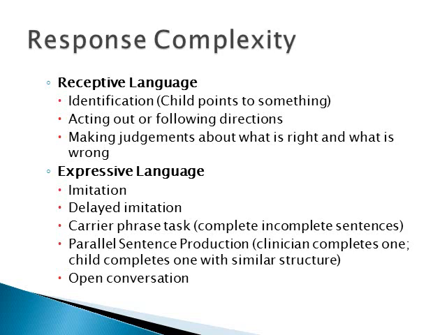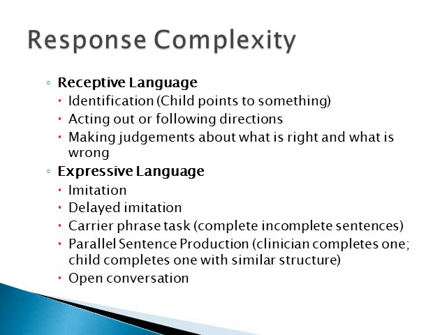And then the next most complex thing you could do is to ask the child to follow directions and act out some type of instruction. And then finally, asking a child to make judgments about what's right and what's wrong is one of the more complex types of responses that a child could give you with regards to working on their receptive language.